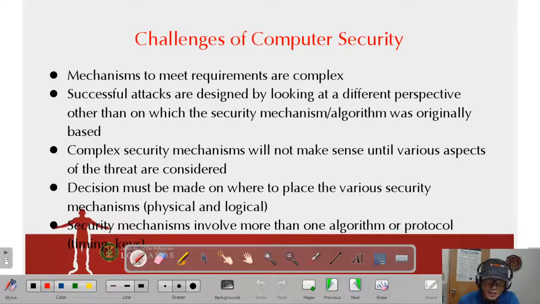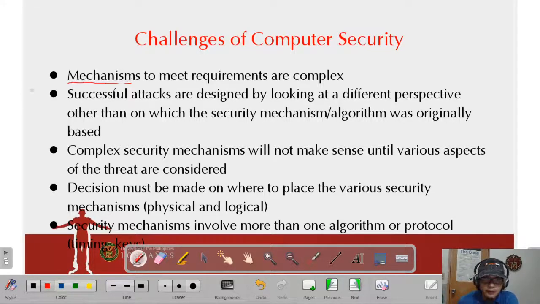So these mechanisms are actually challenging. For example, confidentiality. If you want to preserve confidentiality, you need to provide mechanisms so that only authorized individuals will have access to the data stored in the information system. How do you do that? The mechanisms are quite complex.